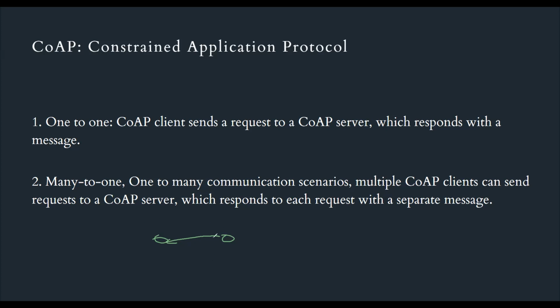If the source only wants to talk to a single destination device, then one-to-one communication is happening. And then in some situations the source wants to talk to multiple devices. In that case, one-to-many communication is happening.